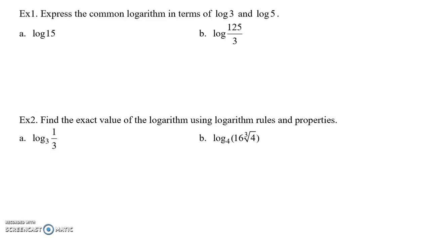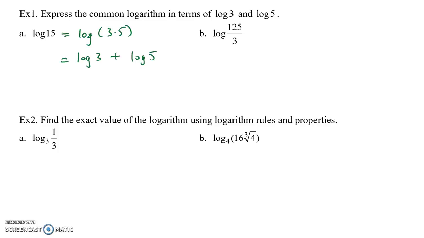And that's fairly straightforward because we know that 15 is 3 times 5. Then by the product rule for logarithms, we can split that up as log of 3 plus log of 5.